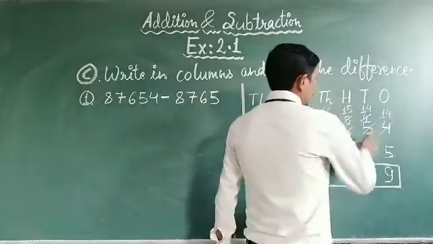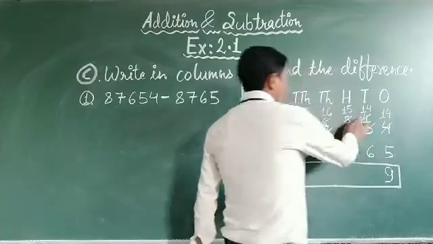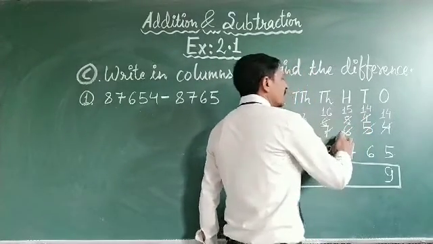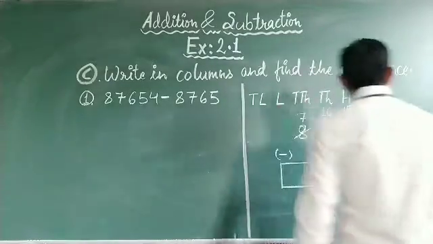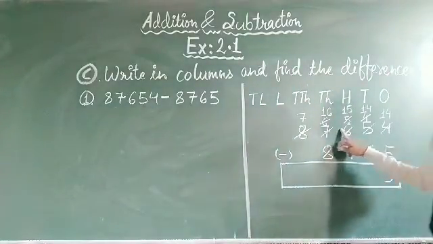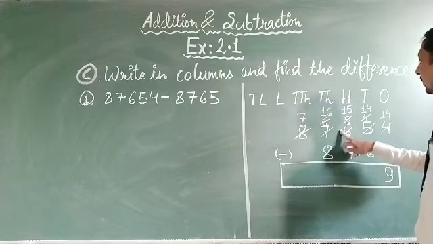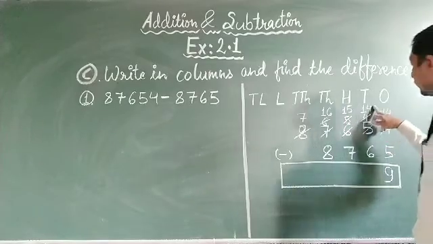Now again, we cannot subtract 6 from 4. So what we have to do? We have to borrow 1 from the number left to it. Okay. So when we borrow from the number left to it, the number will become 14.